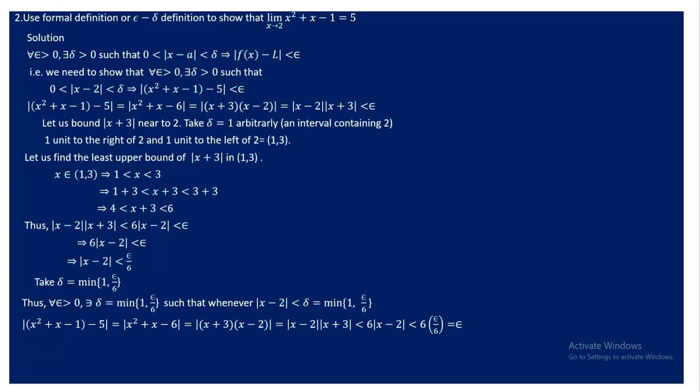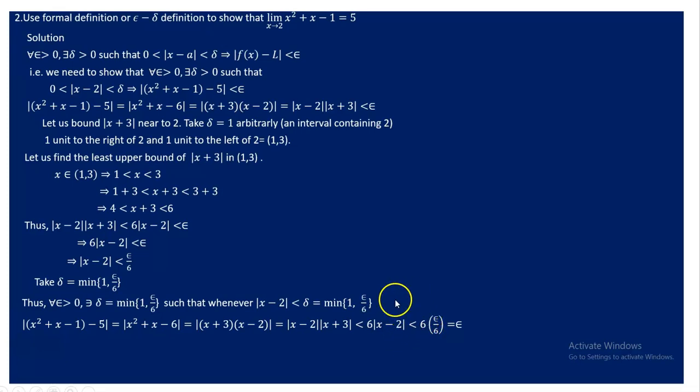And this is absolute value of x minus 2 times x plus 3, and as we studied before, this is less than 6 times absolute value of x minus 2, because we said that absolute value of x plus 3 is less than 6.